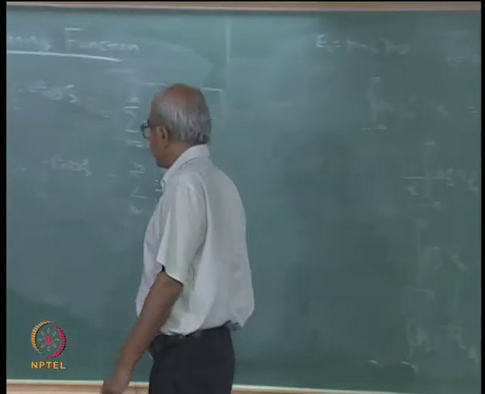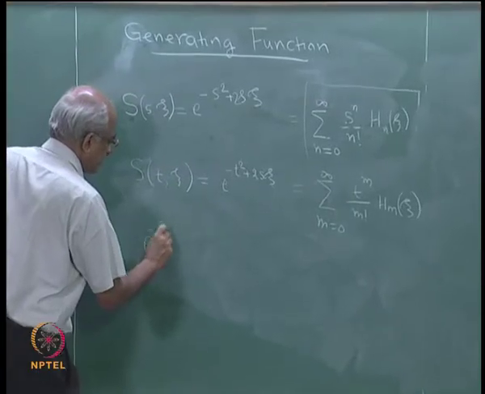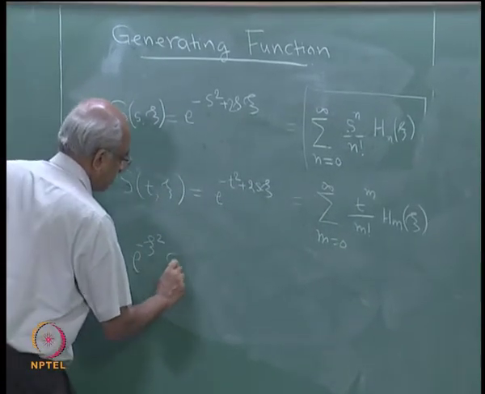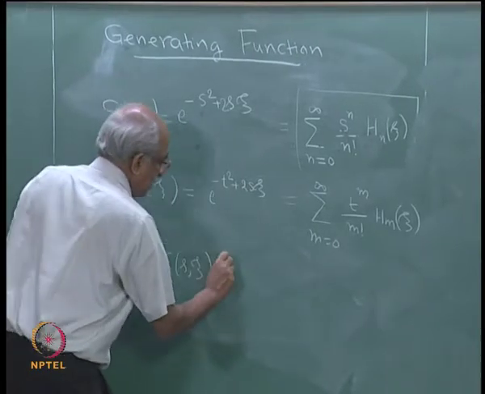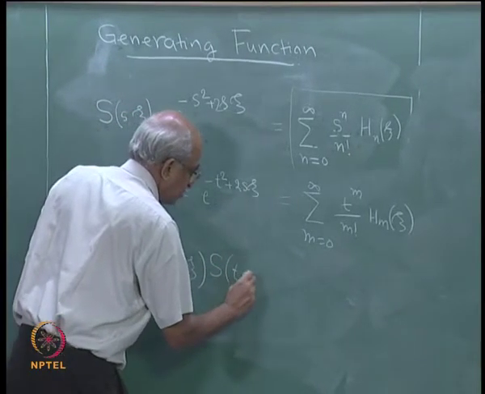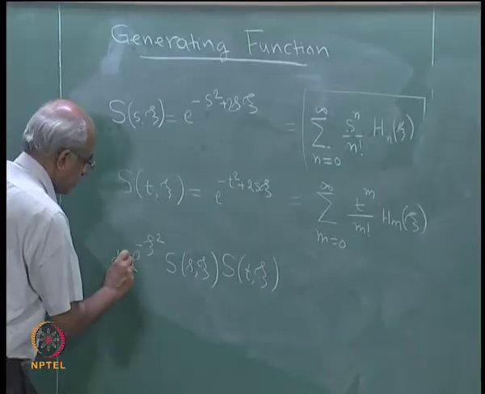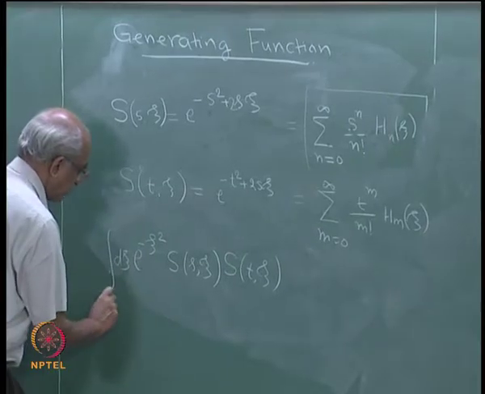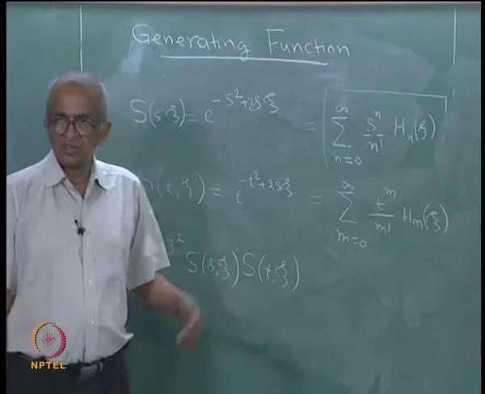So, therefore, what I will do is I will think of this integral: e to the power of minus c square into the generating functions of s and t in c, multiplied by dc, integrated from minus infinity to plus infinity, right. Why do I do that?